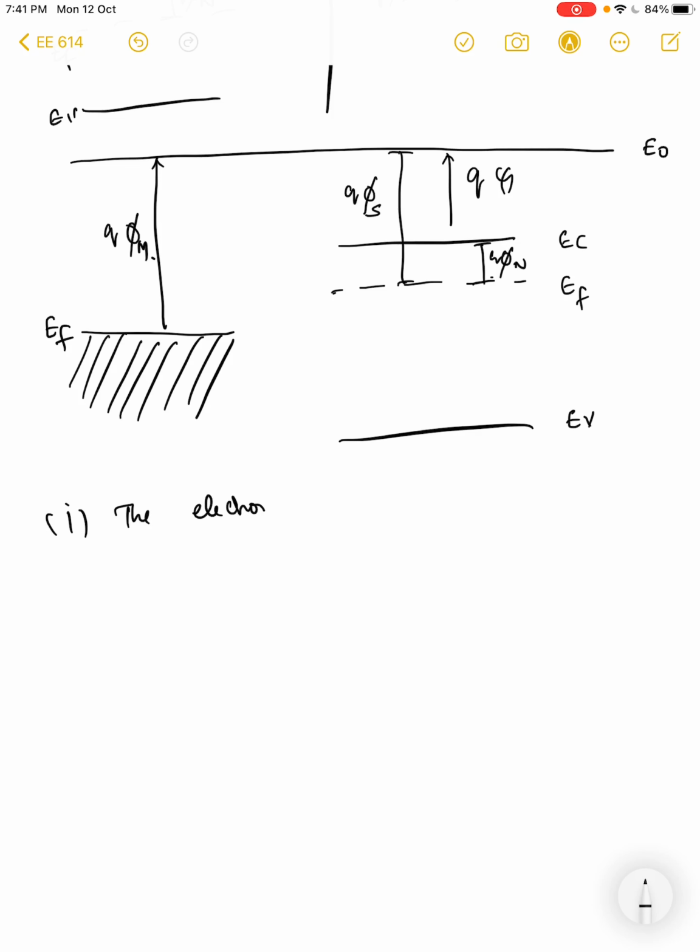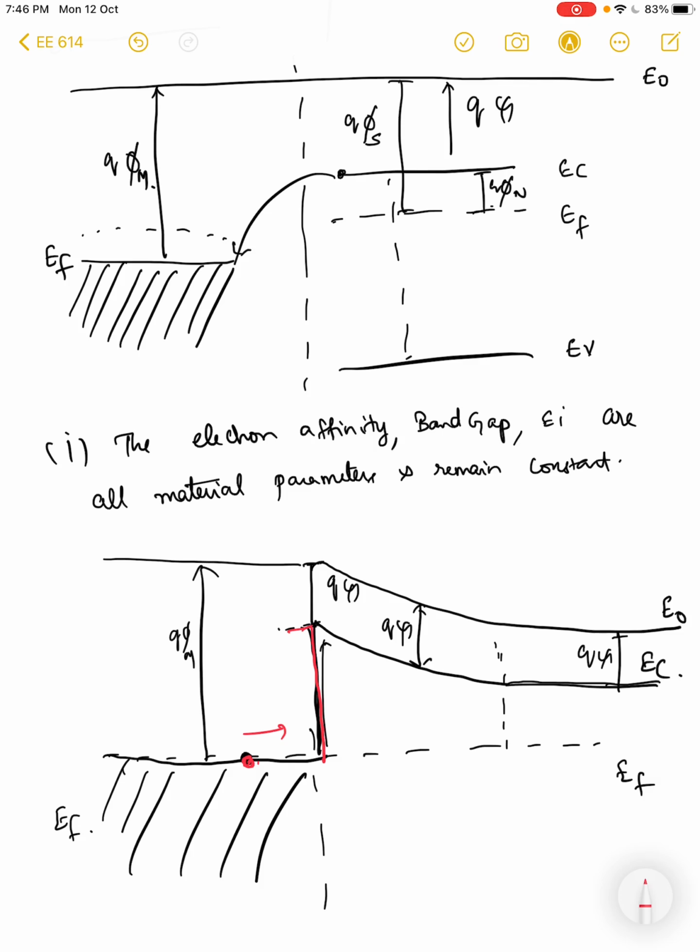So let's say an electron here, right, it has to cross this barrier height, and this barrier height, written as psi b, small b, is just q psi b is just q psi m minus q chi, right? From this diagram, this is true because your chi is a material parameter and it is constant.